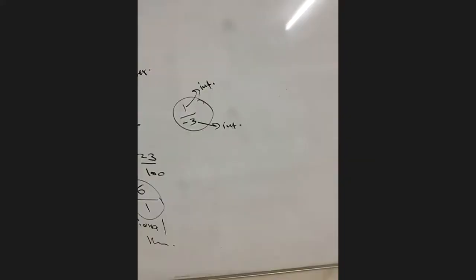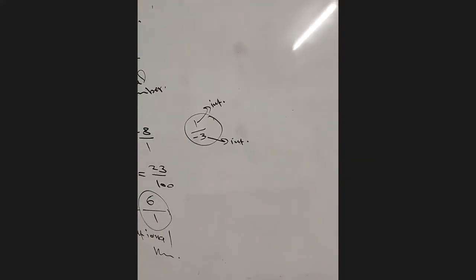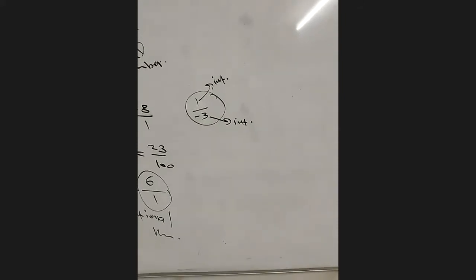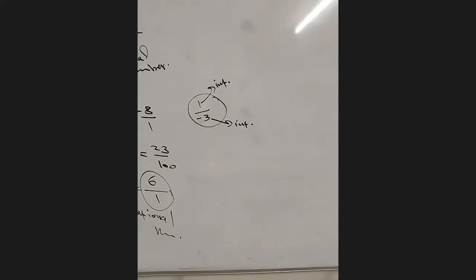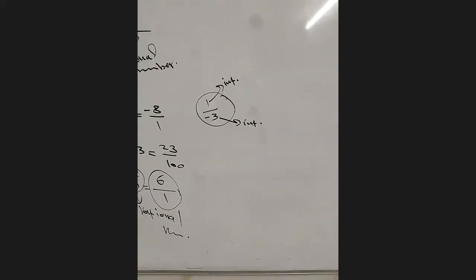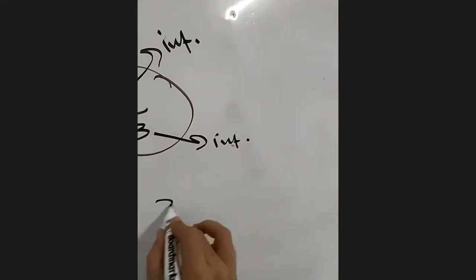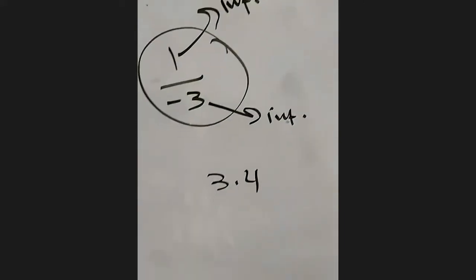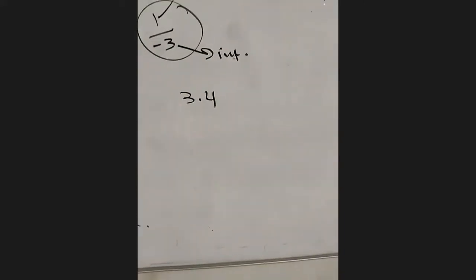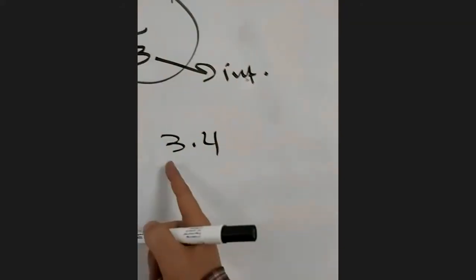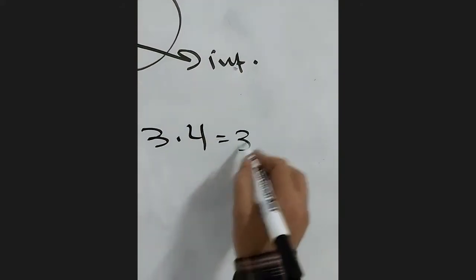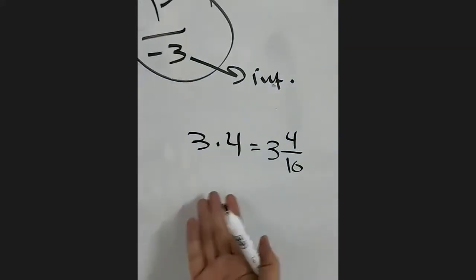Mister, can you take a question? If we have 3.4, how do we make it a fraction? Yes, I can make it a fraction. Look at the board. 3.4, guys, is 3 and 4 over 10, right?